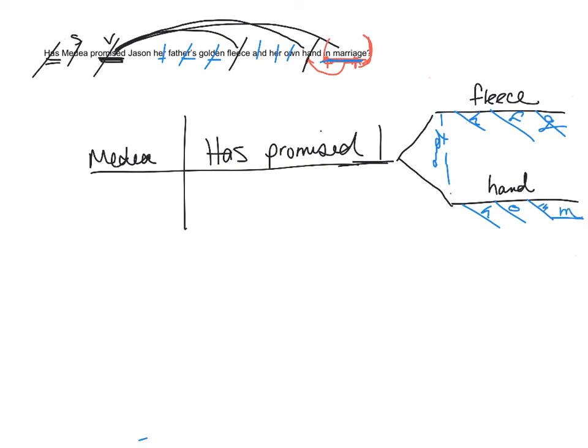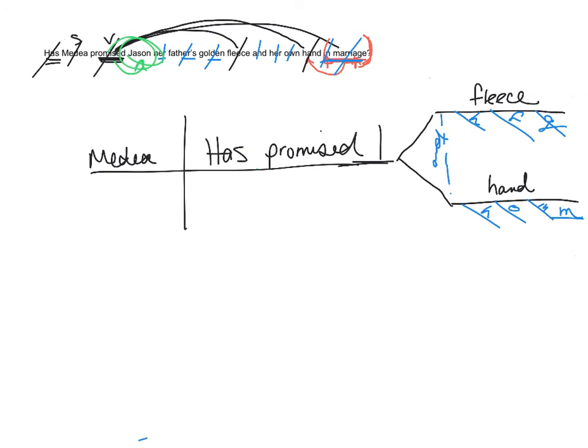Okay. Now, that leaves Jason. At this point, I'm really hoping you realize Jason is not what is being promised. It's not directly related to the verb, but indirectly it's related because that's who the promise is to. Medea promised the golden fleece to Jason.